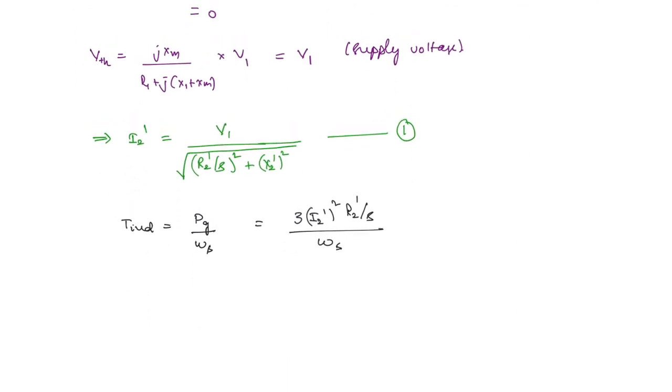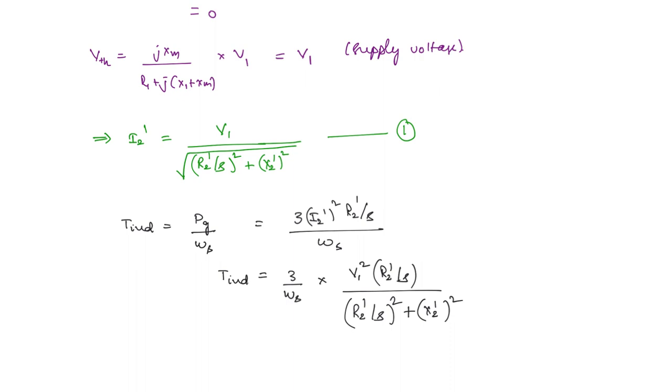If you substitute the I2 dash value here, the final expression you are going to get is 3 by omega S into V1 square R2 dash by S divided by (R2 dash by S) whole square plus X2 dash whole square. This is the expression for induced torque. You can encircle each of these expressions.